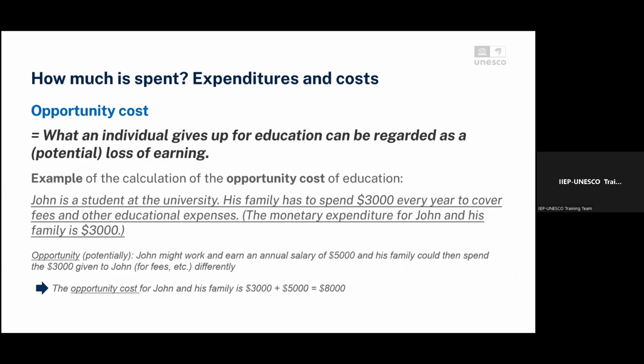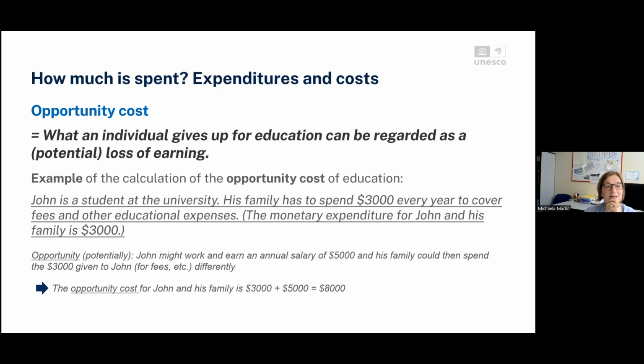But then there's also the notion of opportunity cost. Opportunity cost is a little bit more complex, a little bit more abstract. Opportunity cost is actually the foregone income because of education. So it's something which is a little bit more theoretical. For instance, here is an example.